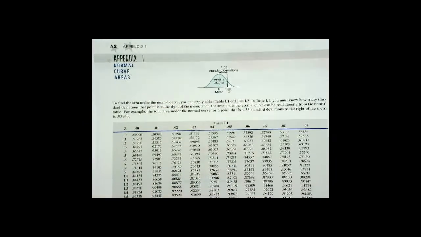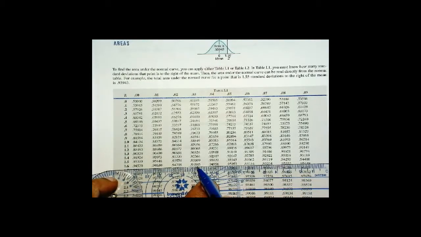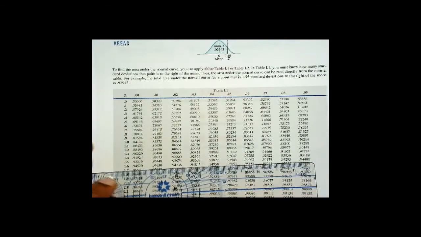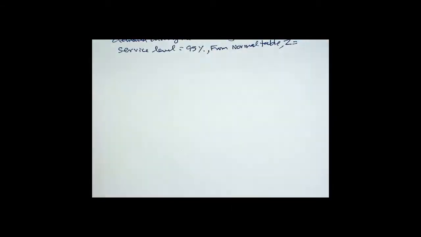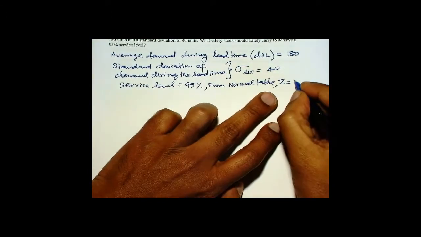So if you go to 95%, right here, you see that 95% is right in between these two, 1.645. Z is 1.645.